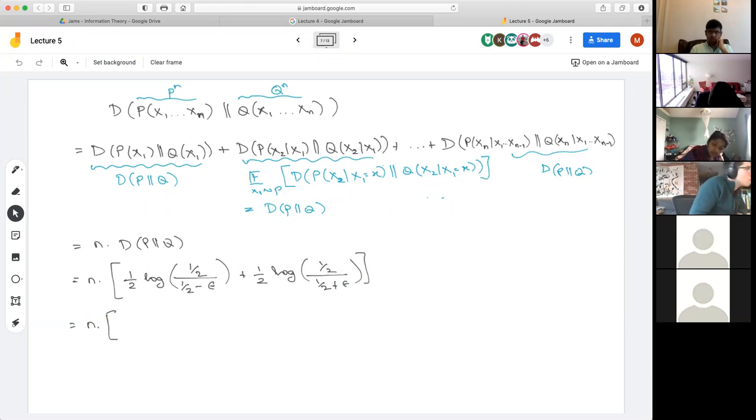I mean, yeah, it's not very deep, but it's worth doing this calculation at least once. I just added the logs and multiplied the terms.